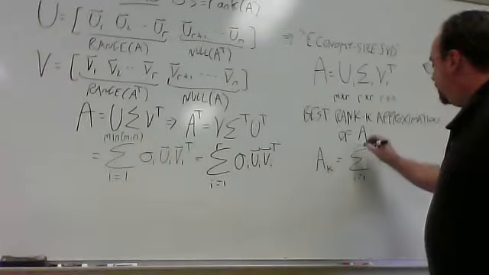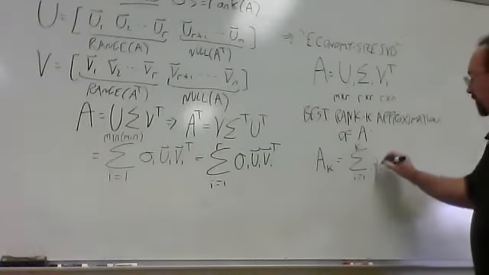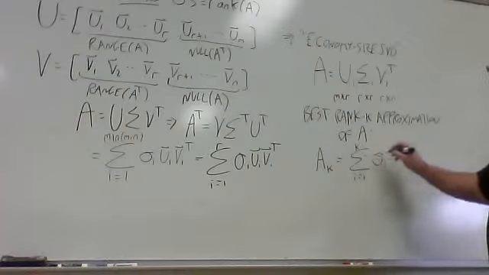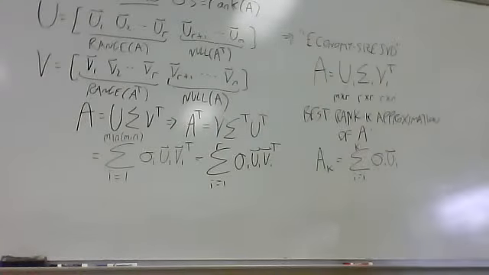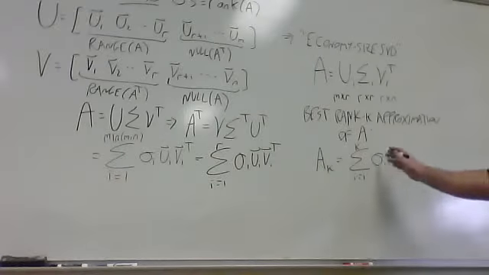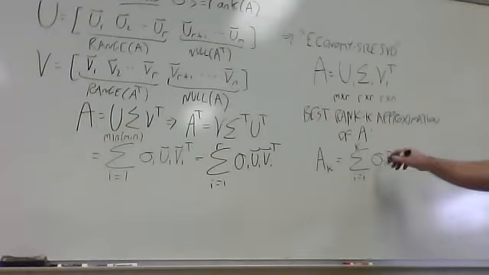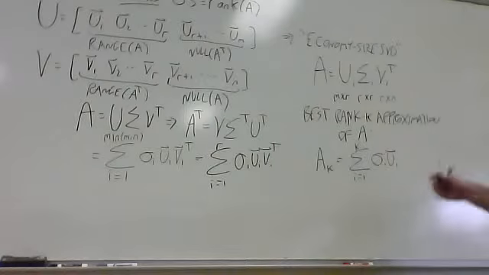So same kind of sum, we're just only taking the first k terms. And that's why it's important to keep in mind that the singular values are ordered. So the terms that I'm dropping are the ones that have small singular values, so those are more negligible.